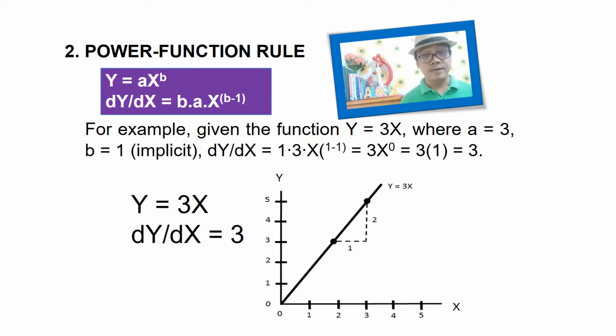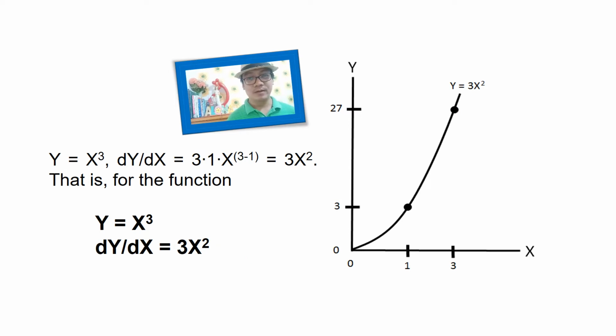This is graphed below. Note that the slope of the line dy dx is constant at the value of 3 over any range of x values. Another example, for the function y equals x cubed, its derivative is dy dx equals 3x squared. Note that the slope of the curve dy dx varies at every value of x.